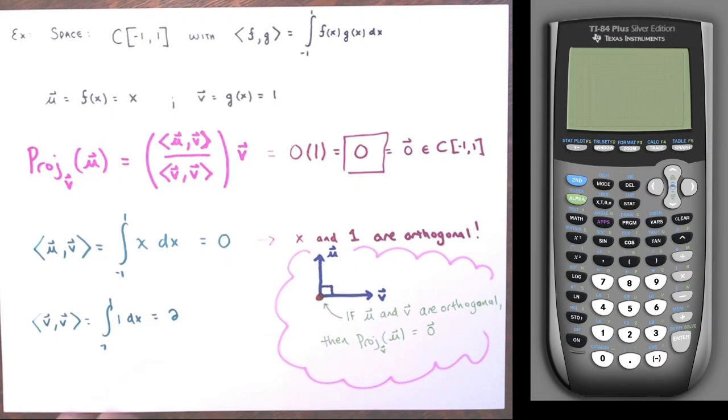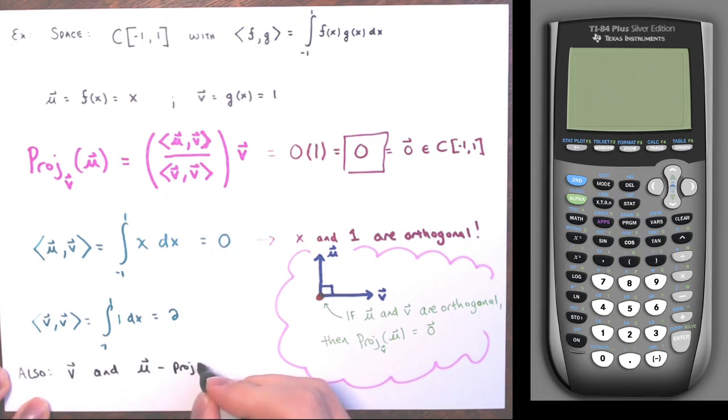So then the statement I made at the end of every example so far would be obvious. Remember this: v and u minus the projection of u onto v are orthogonal.